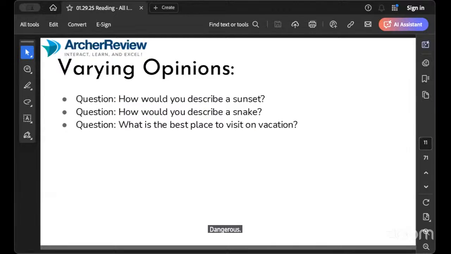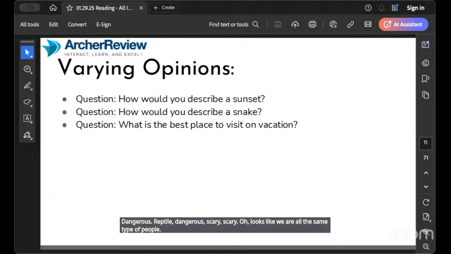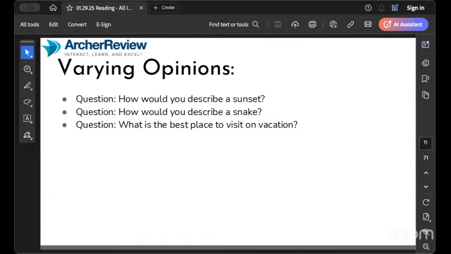Oh, reptile, dangerous, scary, scary. Oh, looks like we are all the same type of people. Slimy. Mm-hmm. So, again, those are all different descriptions that come to mind when we think of snakes.